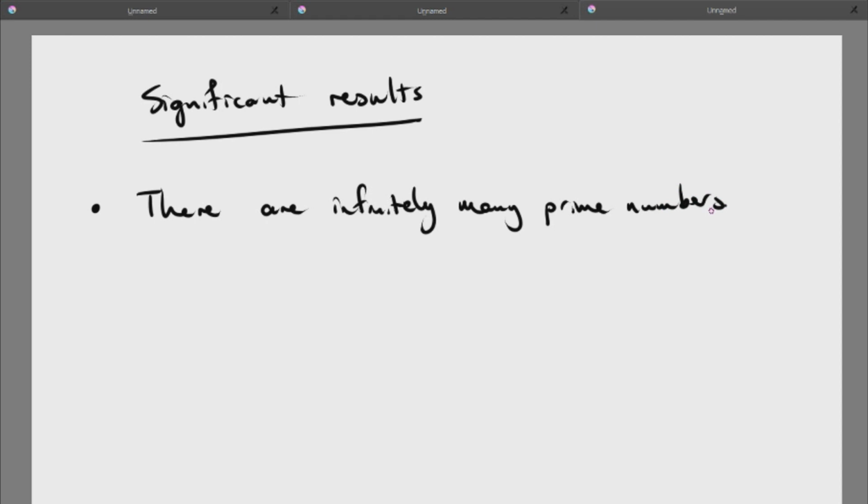I'll list this one first. There are infinitely many prime numbers. If you have nothing to do, I strongly encourage you to see how they get to that conclusion. It's very interesting.